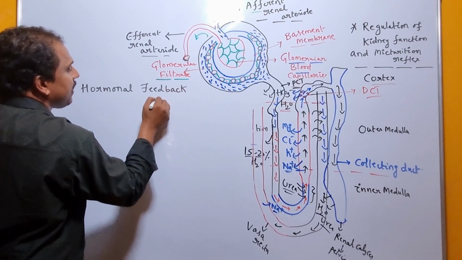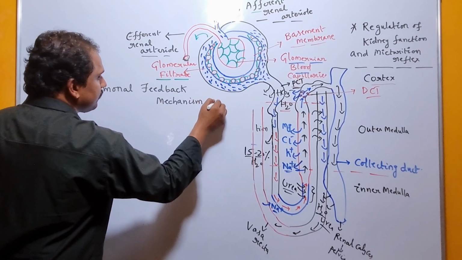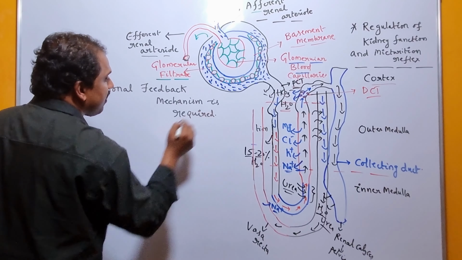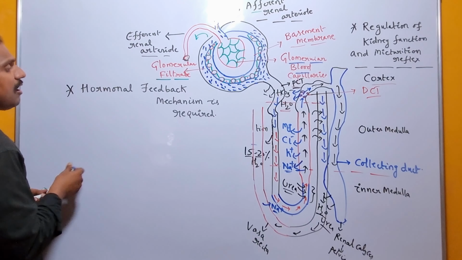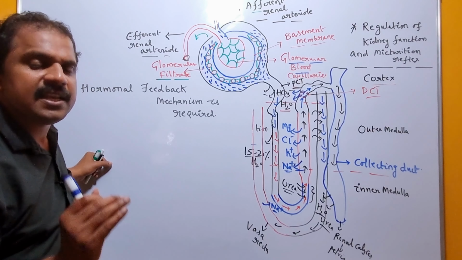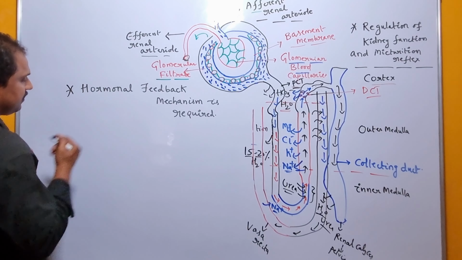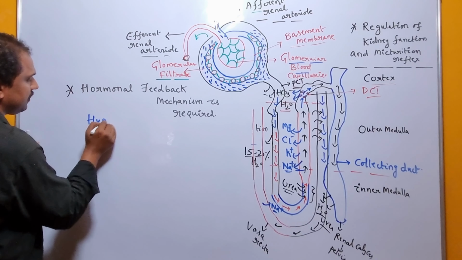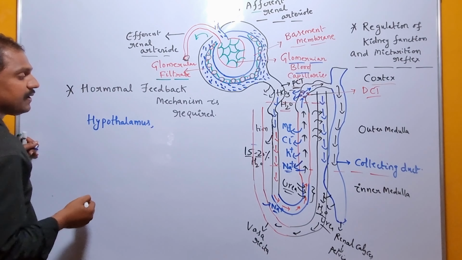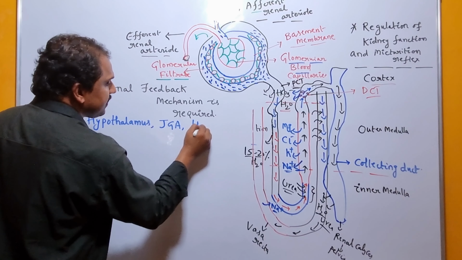So the various organs which participate in the hormonal feedback mechanism include the hypothalamus, the juxtaglomerular apparatus, which is simply abbreviated as JGA, and the other one is the heart.